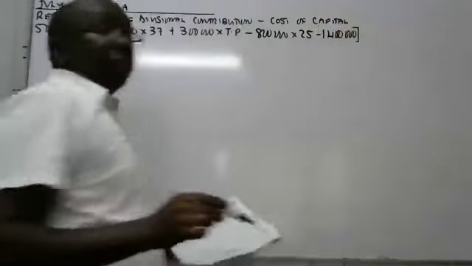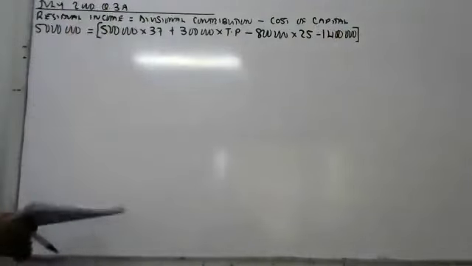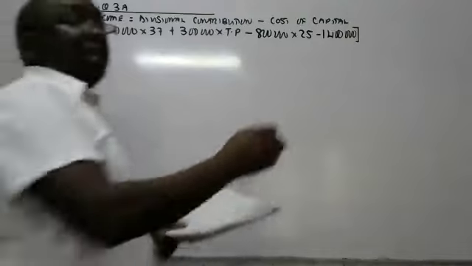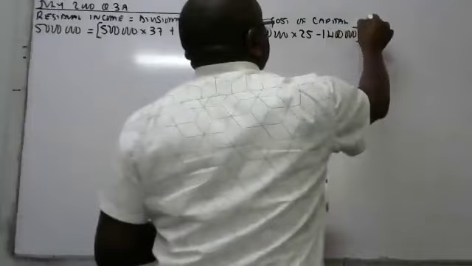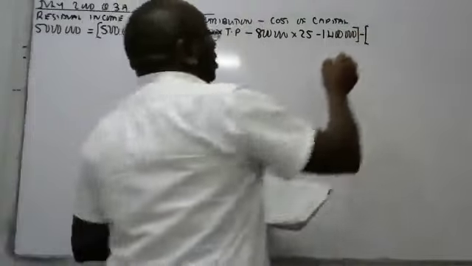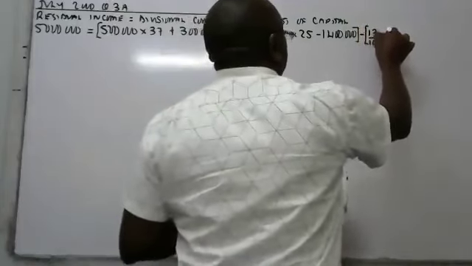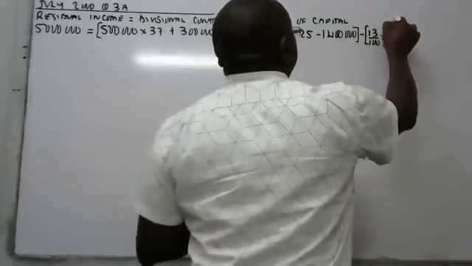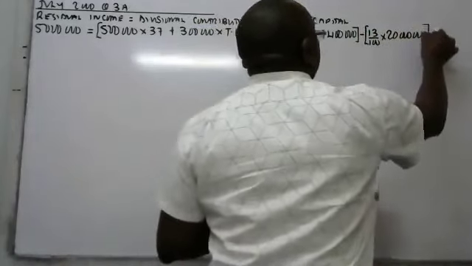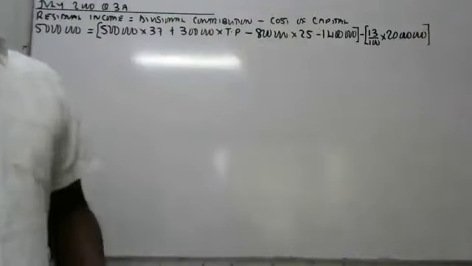Now, if you were to stop at that point, that is what we are calling the divisional contribution. Then you less the cost of capital. And the cost of capital, we are told, is 13% of 20 million.